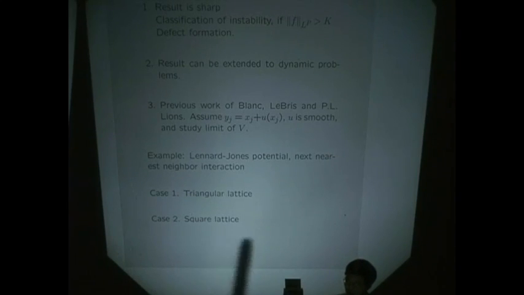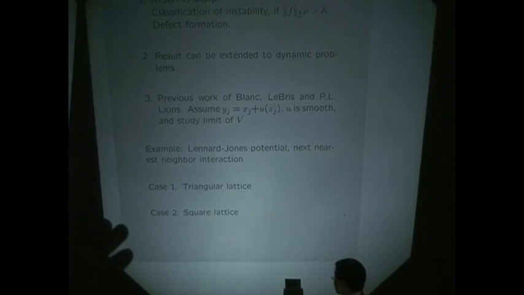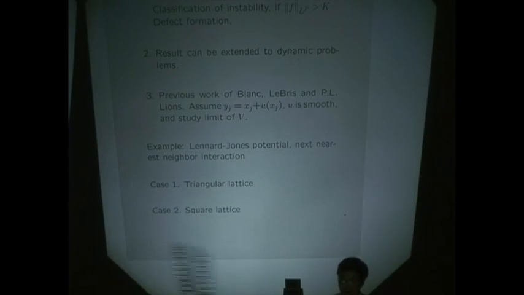Take the simplest example, a Lennard-Jones potential that I mentioned earlier, in 2 dimensions, looking at either a triangular lattice or a square lattice. Our result indicates that for the square lattice, Cauchy-Born would not be valid, whereas their result would not distinguish the two lattices. In the case of the square lattice, Cauchy-Born is not valid because the lattice is unstable, the elastic moduli are negative, things like that.